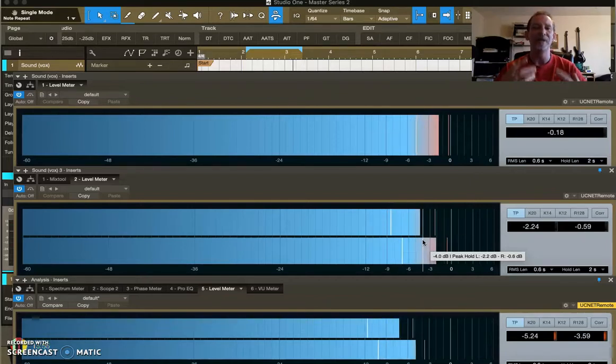So it's a pretty simple relation about the level meters, and basically for you to take the level meters to the next level and to help them take you to the next level is for you to be pulling them out, utilizing them, starting to see the value of them, and to use them at every stage while you're producing, so that they can start showing you things that you do, the effects of what you do.